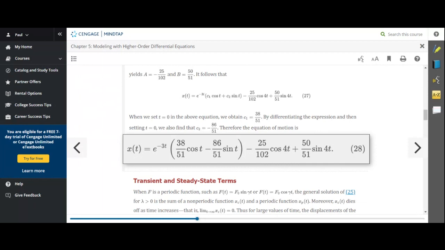All right, so let me ask you here, in this equation of motion in this example 6, what's the mass going to do as time gets large? Is it going to die down to equilibrium, or is it going to do something else based on that equation of motion?